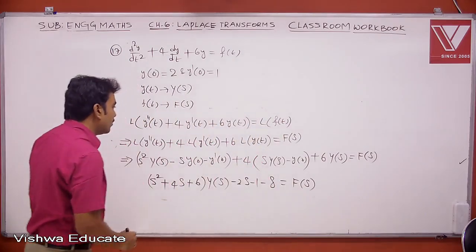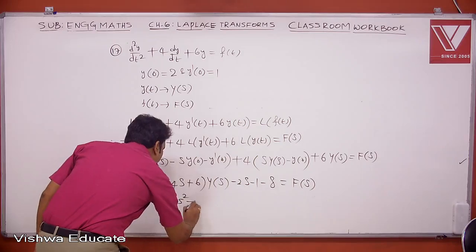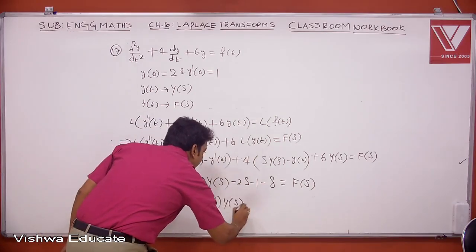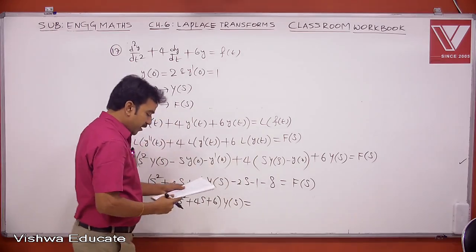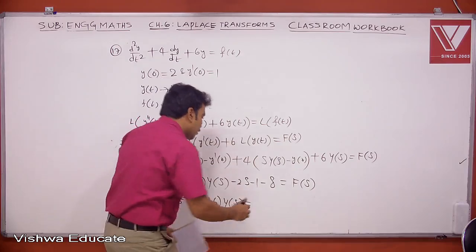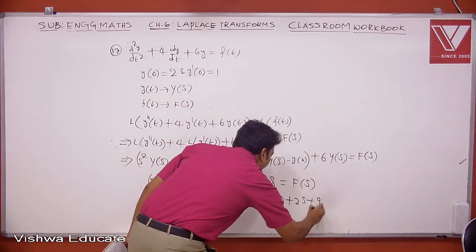So therefore s square plus 4s plus 6 into Y of s equal to, when you take this to the RHS part, this becomes plus sign. So this becomes F of s plus 2s plus 9.